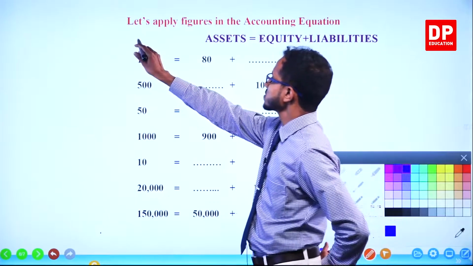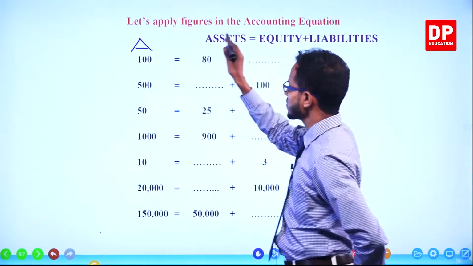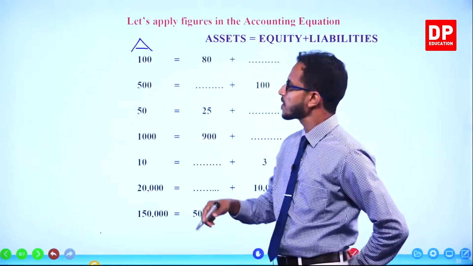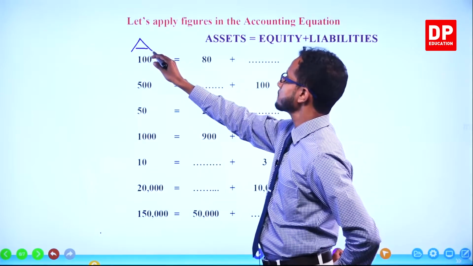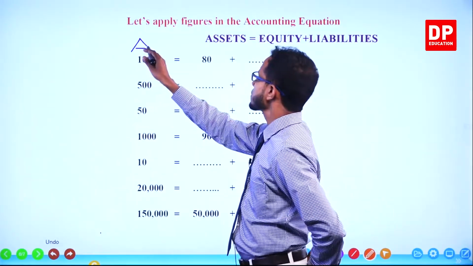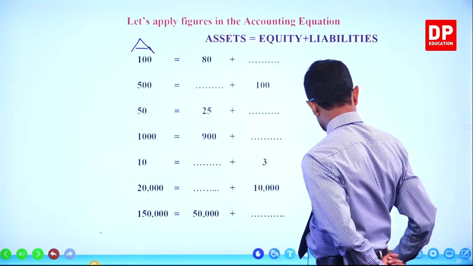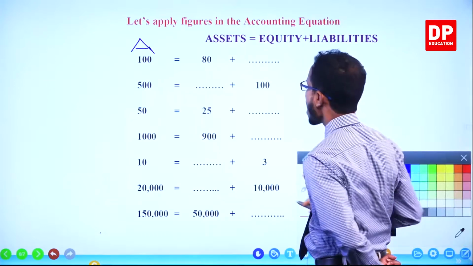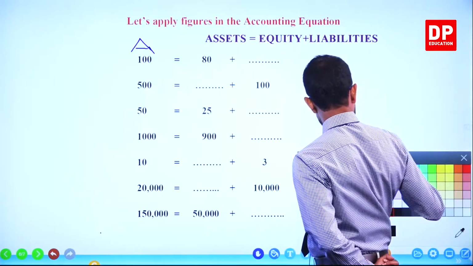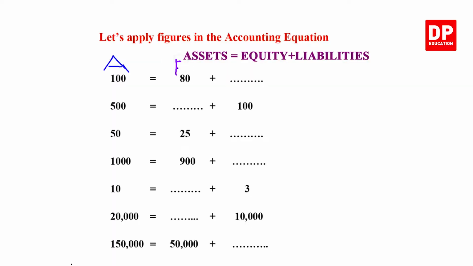This side we have assets. I will write A for assets. Assets equals, this is equity. I will write E for equity.